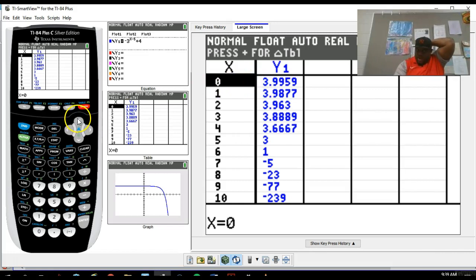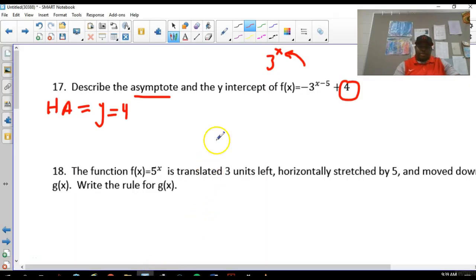So we have 0, 3.9959, or about 4. Just to keep it honest, let me go back to the y-intercept.